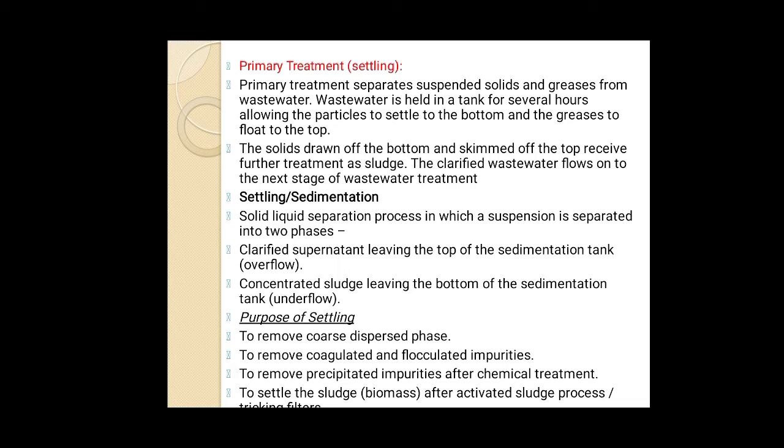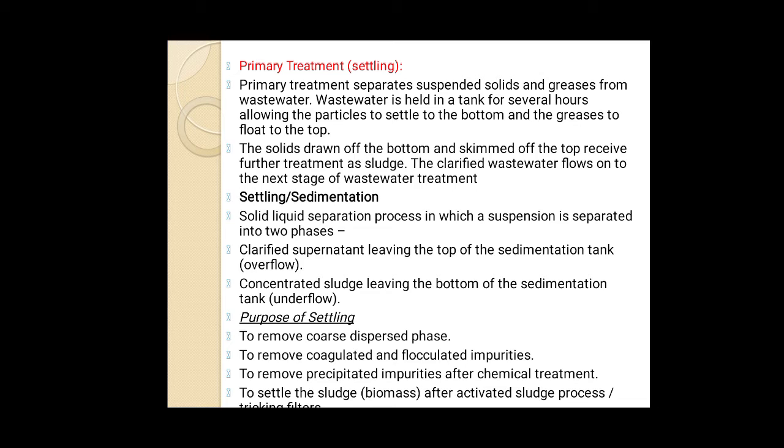Then what is the purpose of that settling? The main purpose, we can directly say, is that two phases get separated, where the solid and liquid can be distinguished, and we can separate those two layers. We can also remove the coarse dispersed phase, then remove the coagulant and flocculated impurities present in that sewage.